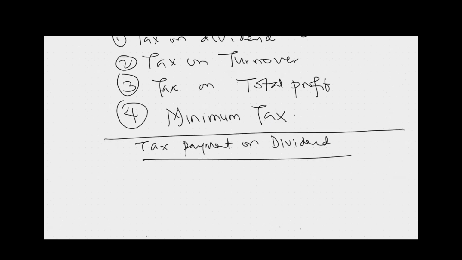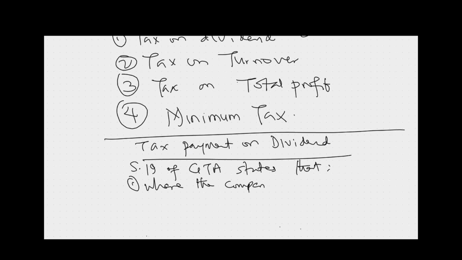Section 19 of CITA states that, one, where the company makes no total profit.